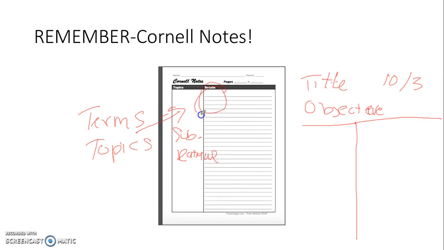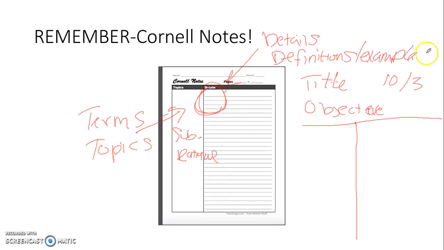And then on this side are the details. This is what most of your notes are going to be: details, definitions, and examples. So basically, left side is terms, right side is definitions and everything else.